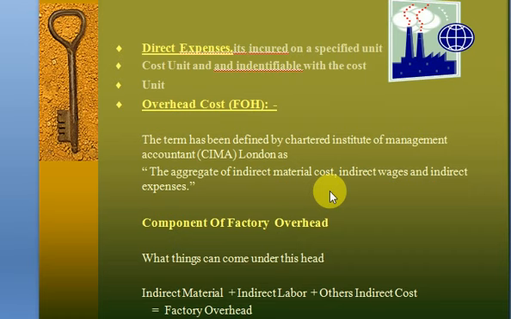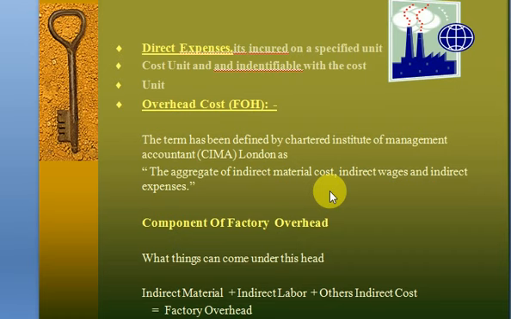Third one is some indirect expenses that occur in the showrooms, that is in the selling and distribution stage. So these are called selling and distribution overhead. Dear students, selling is something and distribution is something.